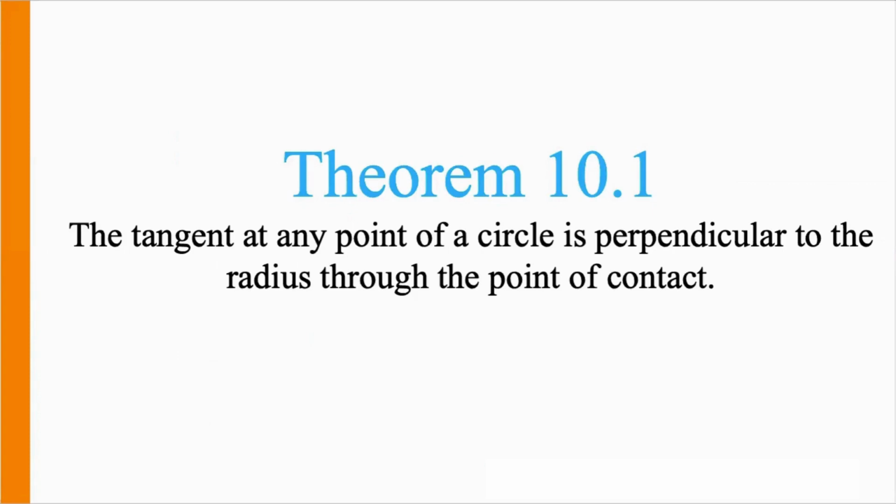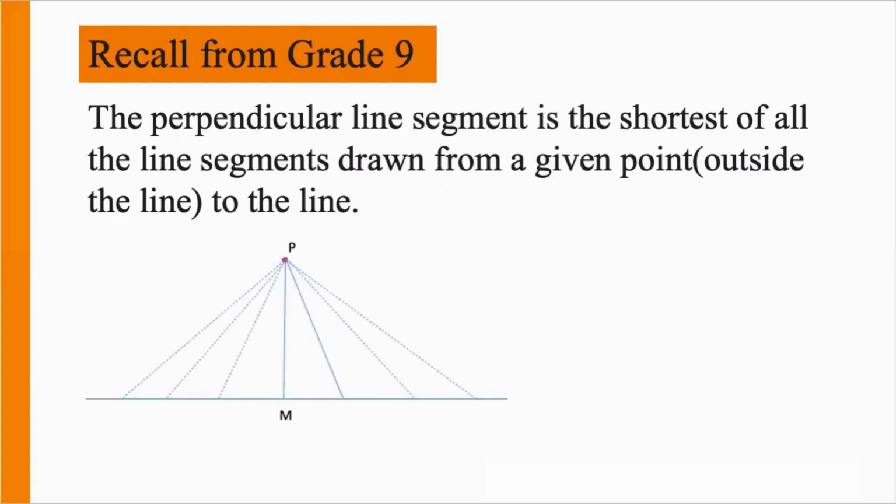Before we see the proof of the theorem, let's recall from grade 9 that the perpendicular line segment is the shortest of all the line segments drawn from a given point to the line.